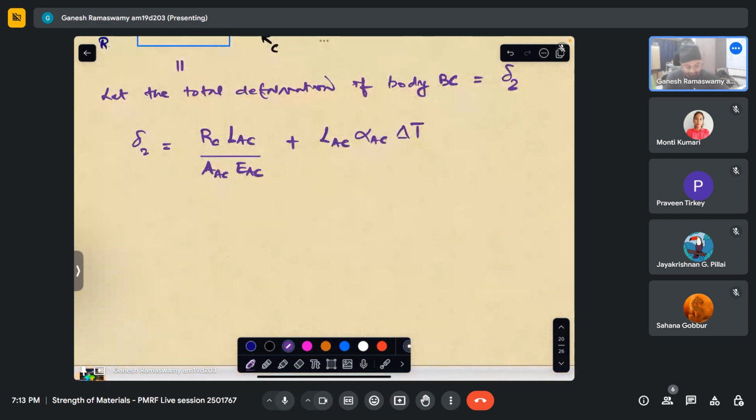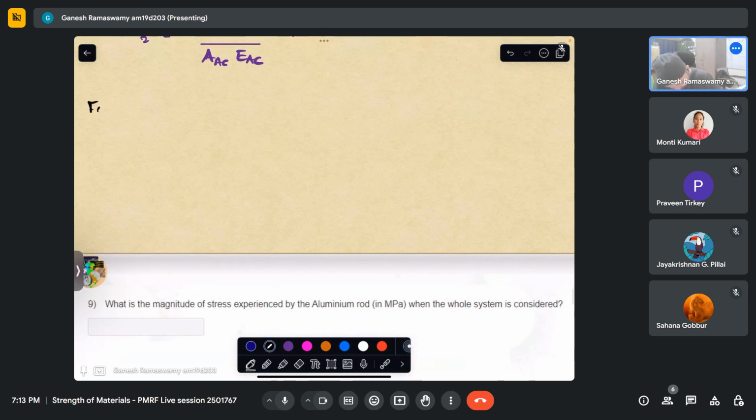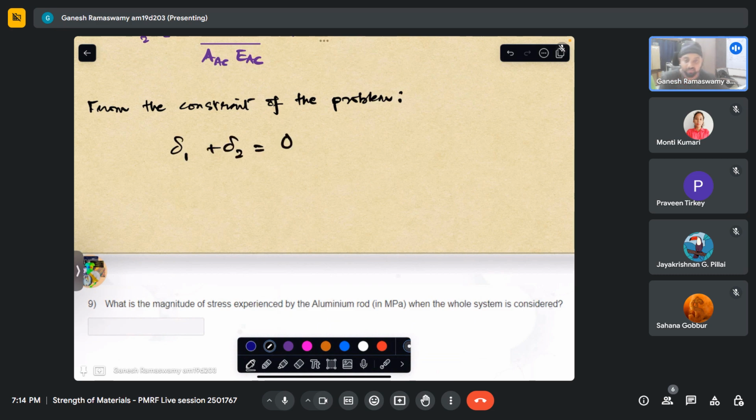Now what we know from the constraint of the problem is that delta 1 plus delta 2 is 0. Why?